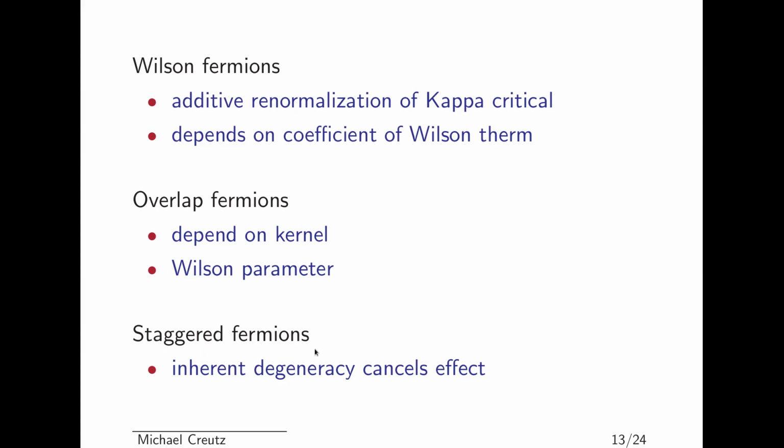Staggered fermions do not have this problem. The reason is there's an inherent degeneracy between the two chiralities of the four states, which come in two different chiralities, and that cancels the effect. So you can only work with even numbers of staggered fermions.